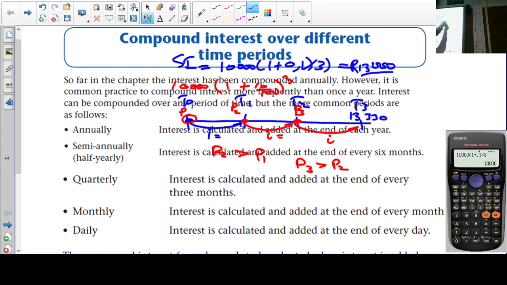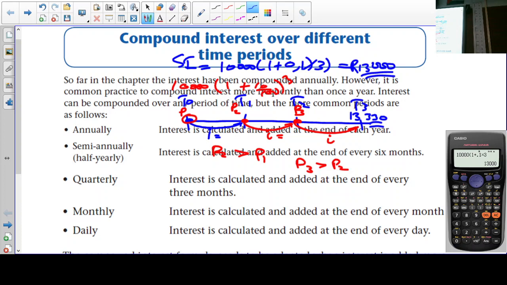So what is the difference? The 330 Rand difference. Same interest rate, same amount, deposited over the same time period. But what do you notice? Compound interest draws a better return. Can you see that?